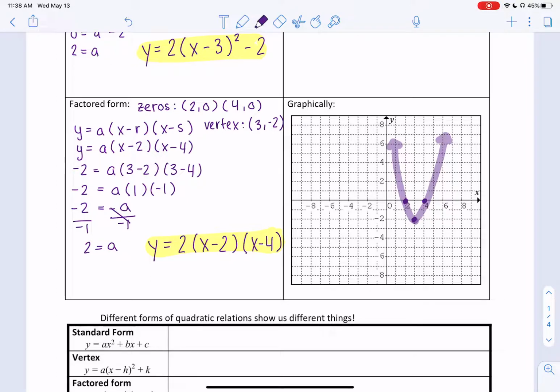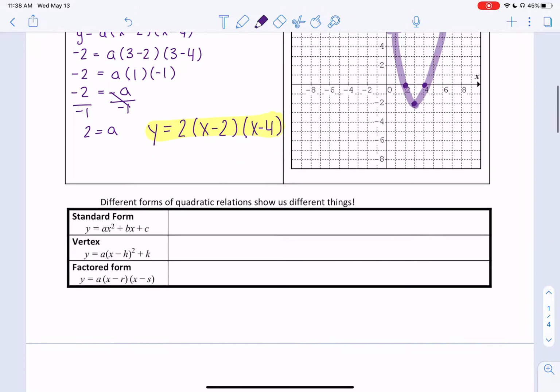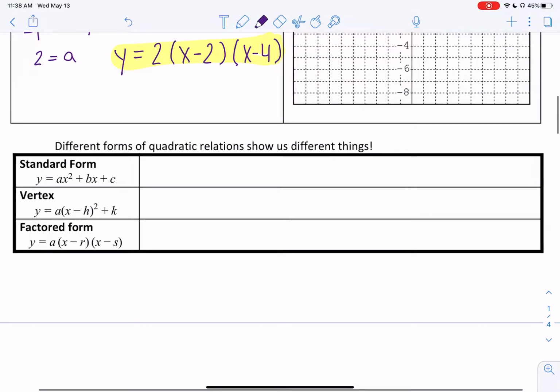So we have these 3 different ways of writing the equation and our graph, and each of these are useful in their own right. So we're going to go through each of them briefly and talk about some of the benefits of each form. So the first one with standard form is I can find my a value.